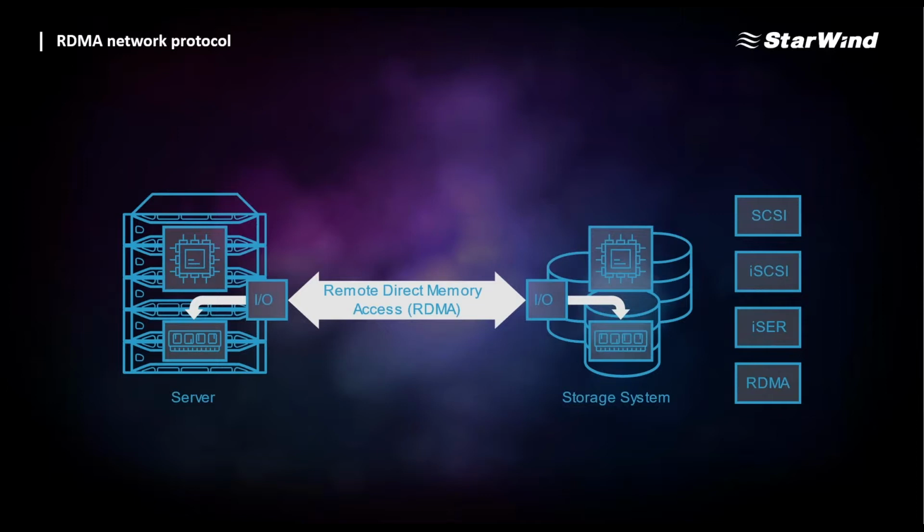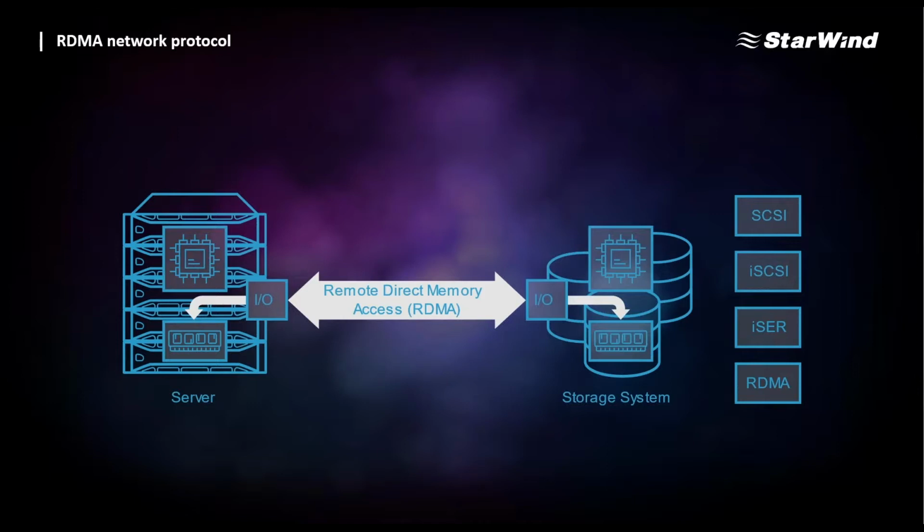So iSER in turn completely eliminates the problem of network bottleneck by supplying higher bandwidth for block storage transfers. Furthermore, it ensures the highest performance in clustered systems by avoiding latency issues.